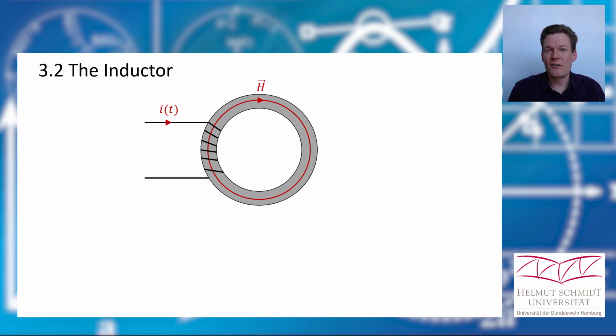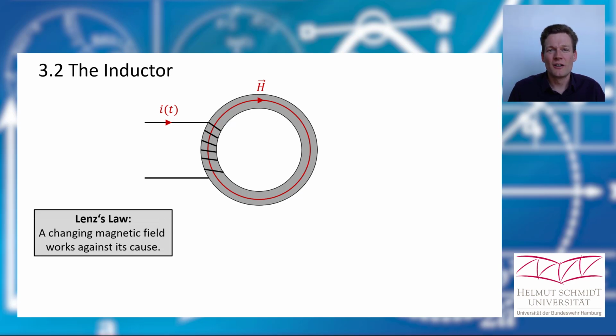Okay, and now an important rule from physics comes, and it's Lenz's law. Maybe you remember it. It says that a changing magnetic field works against its cause. If you want to change a magnetic field, it always tries to suppress the cause of the variation. And an inductor does it by a voltage drop.